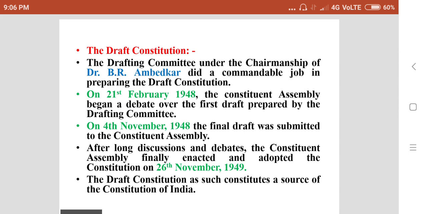So this date is mentioned in the preamble of the Constitution. The draft Constitution as such constitutes a source of the Constitution of India.